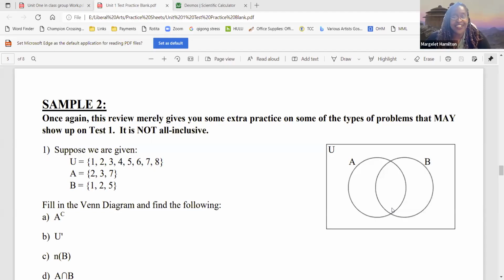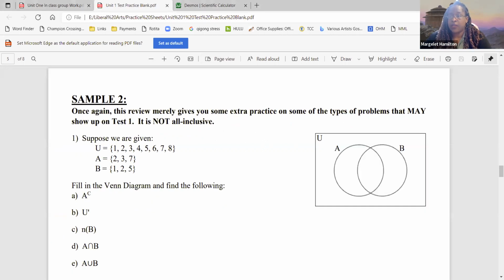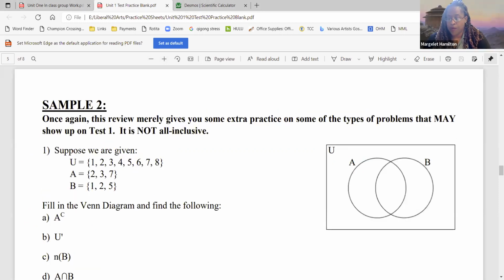All right. So here we are with our sample 2. This is coming right out of your blank class notes. Can everybody see that? Yes, ma'am. Let's go ahead and see if we can work the first page.